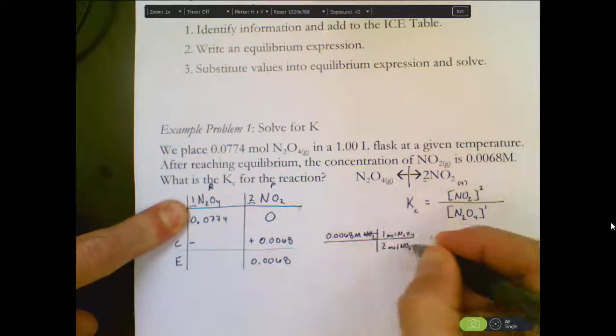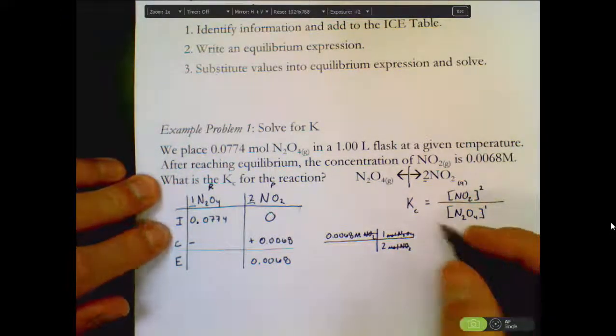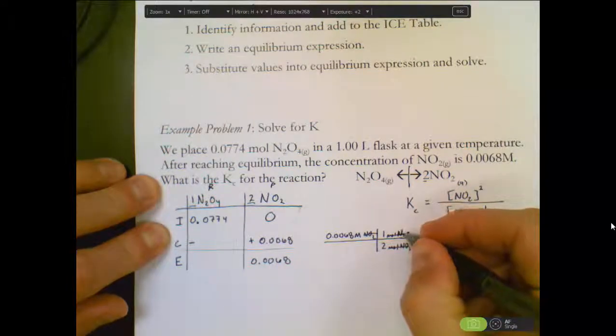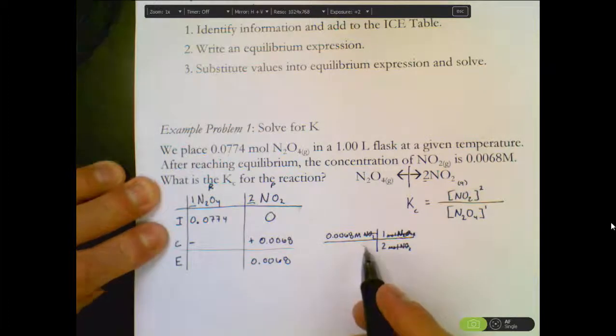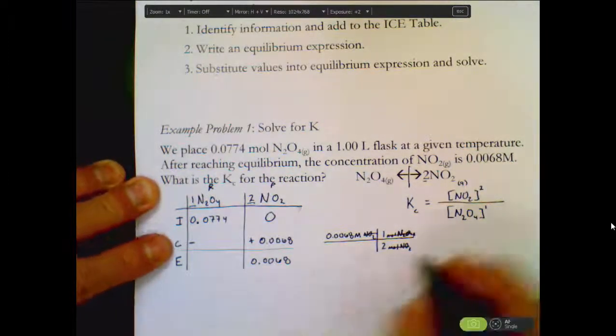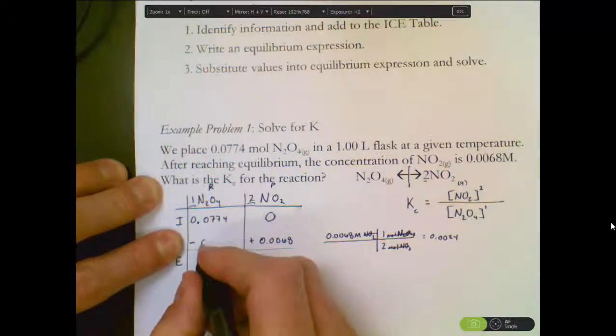And then my chemical goes away. Moles go away. I'm going to be left with, oops, I shouldn't have crossed off the N2O4. I'm left with N2O4 molar. I need to divide that in half then, which is going to give me a 0.0034 value that will fit in right here.